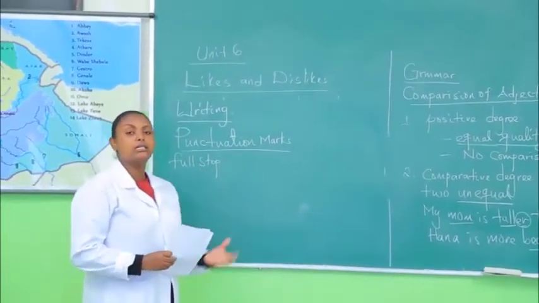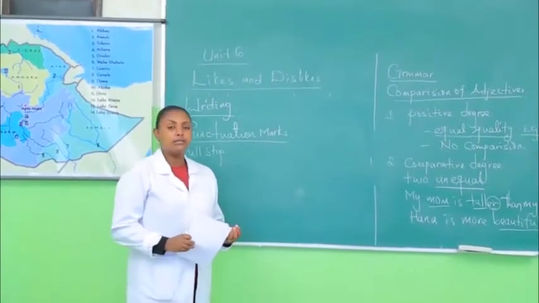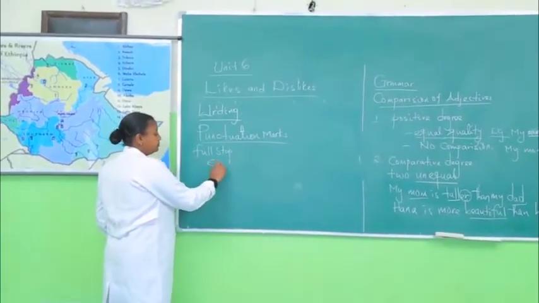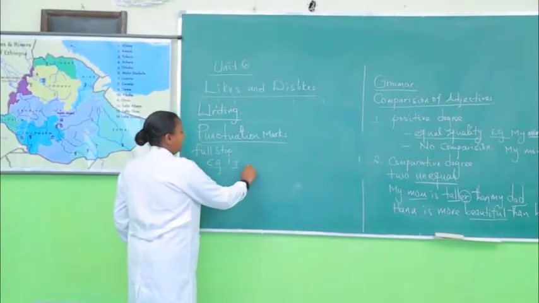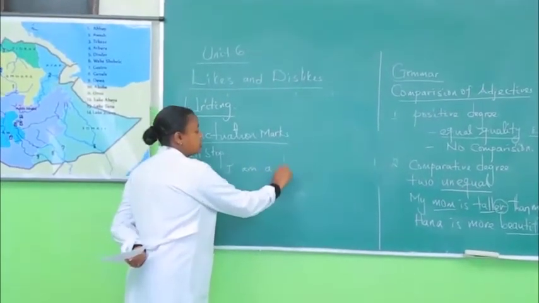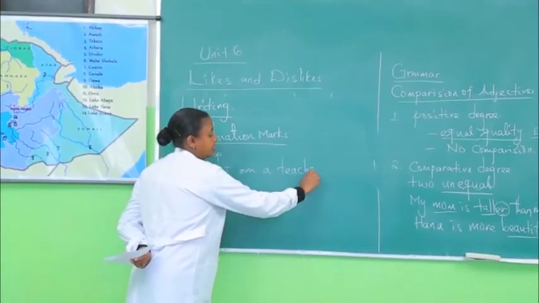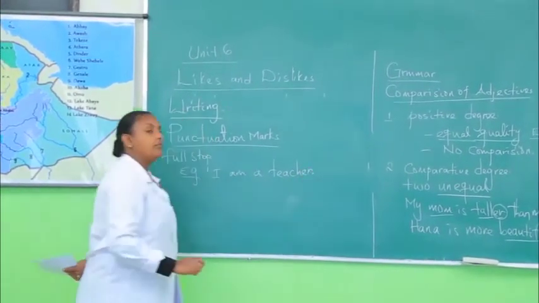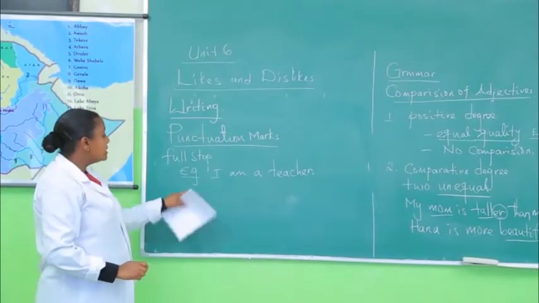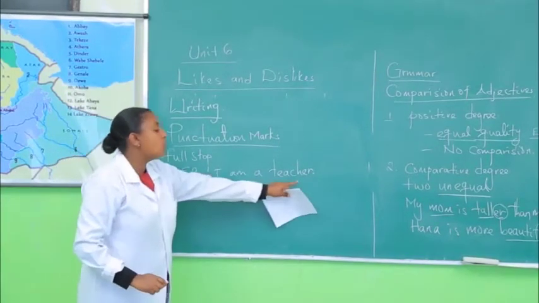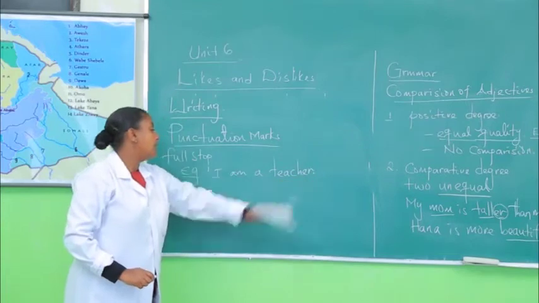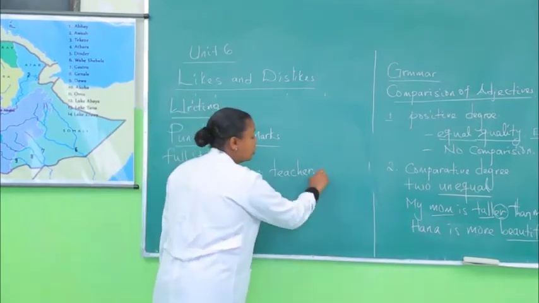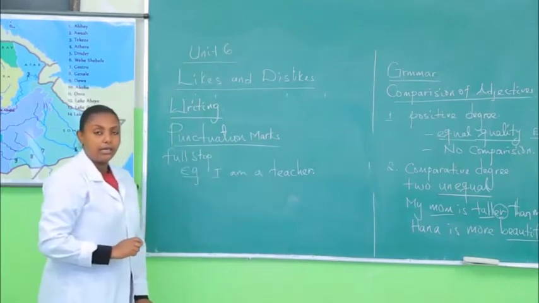What kind of sentences? Statement or declarative sentences will take a full stop at the end. For example, I am a teacher. So after I finish my sentence, I will put a full stop at the end. So these kinds of sentences always take a full stop at the end. So if you want to start another sentence after a full stop, you are going to begin with a capital letter.